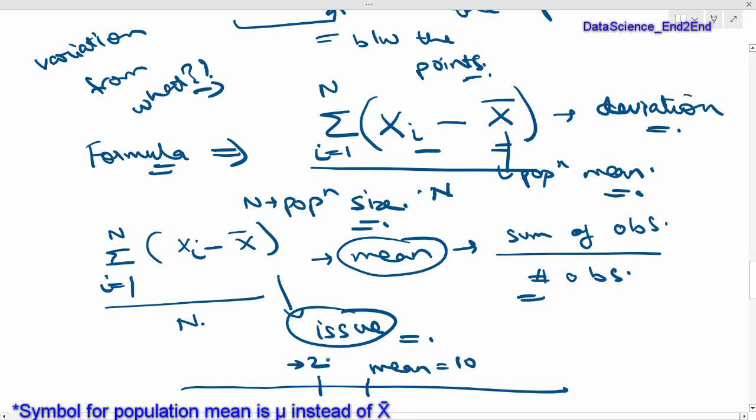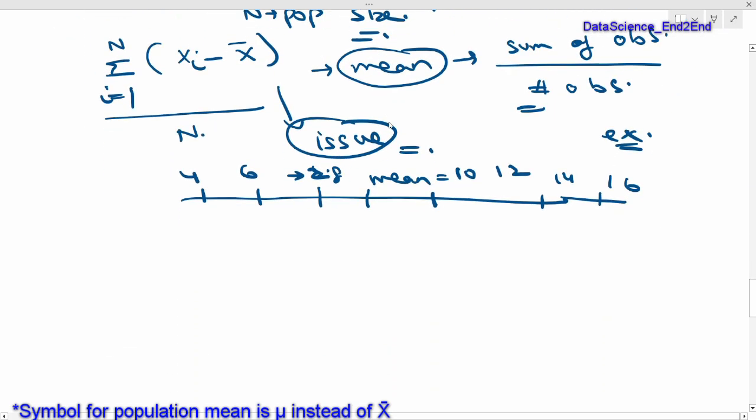Let's take an example: here we have 8, there is another point which is 6, another point which is, say, 4. Similarly, here we have 12, 14, 16. This is just an example to explain an important concept.